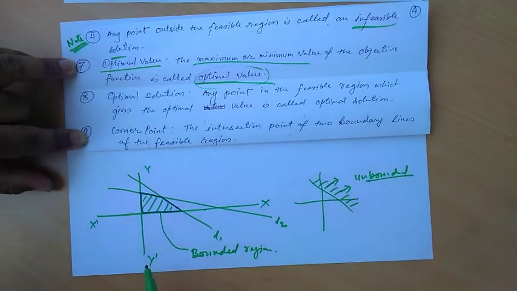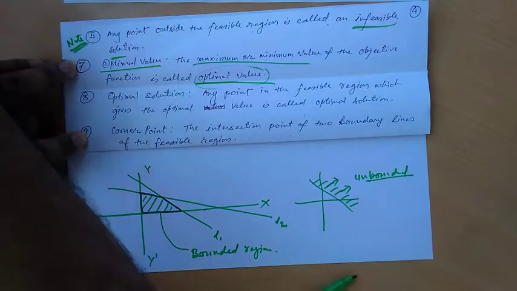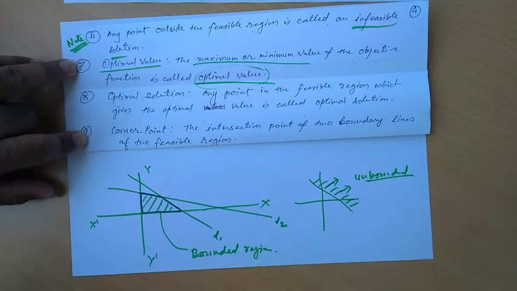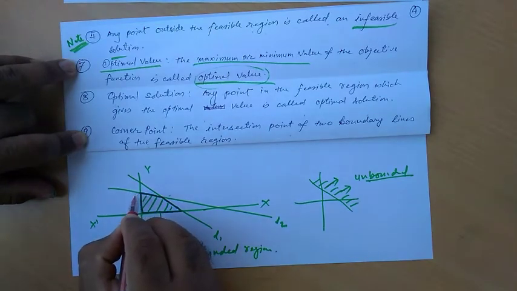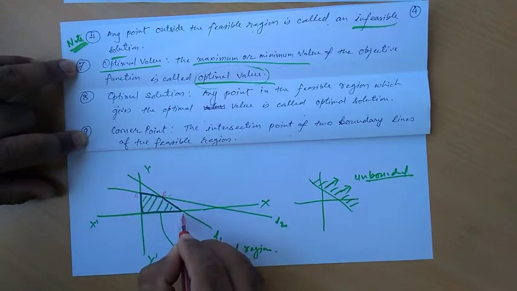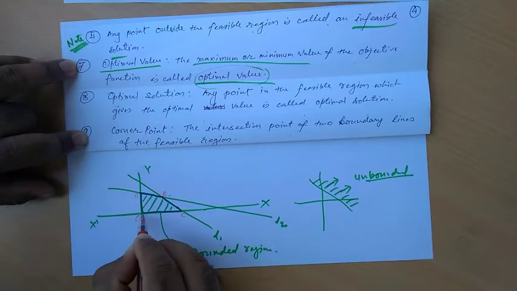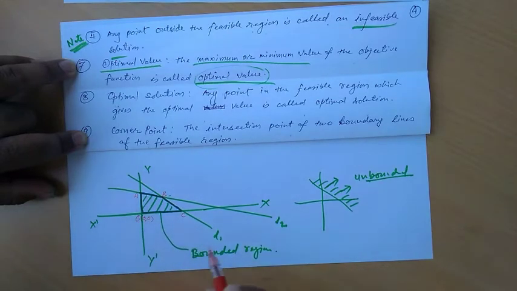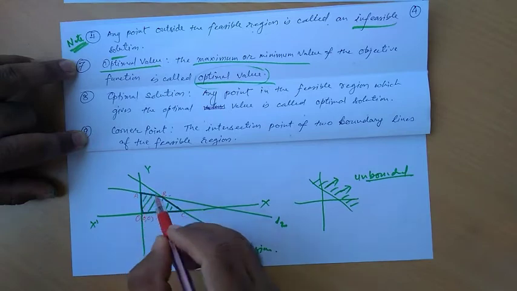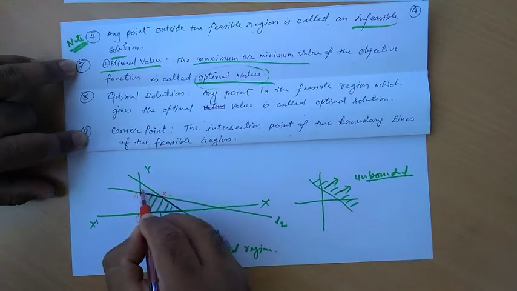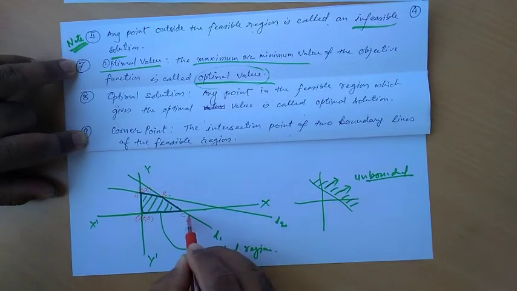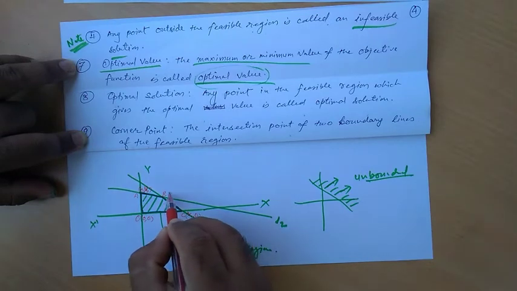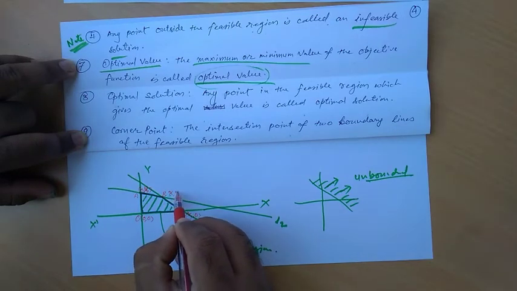Say for example, if I consider this point is A, this point is B, this point is C, and this point is O. O is (0, 0). Say you are having some (0, y1), and this is (x1, 0), and this is (x, y).